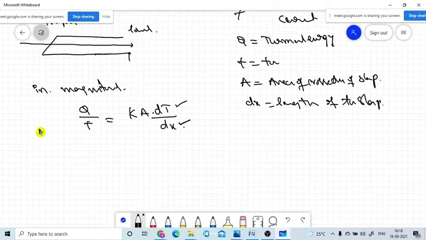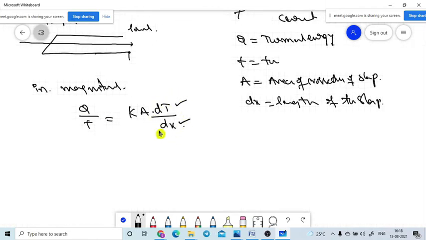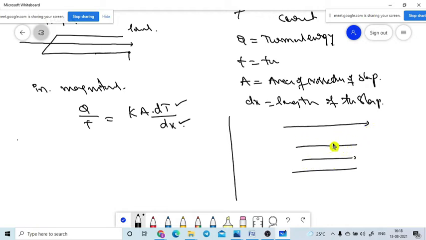Now we are concentrating on this dT by dx. We already know one similar parameter from viscosity, the change in velocity divided by the change in distance. That parameter is the velocity gradient.